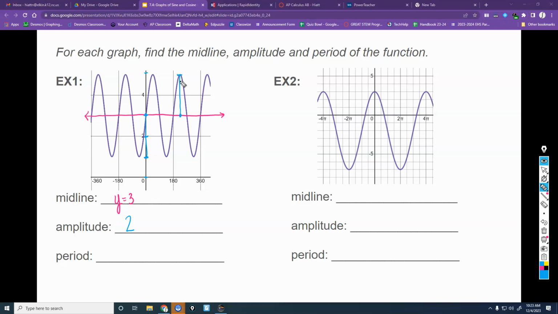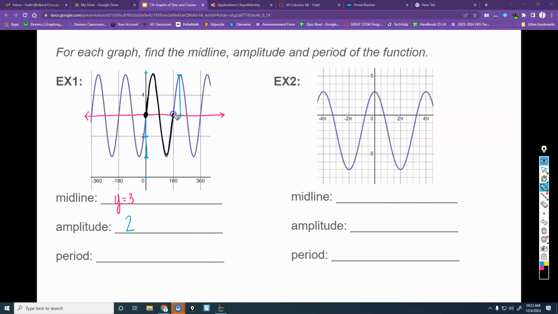The period of the graph is how long it takes for it to start repeating. So what I normally do for this is I just start right there wherever it hits the x-axis. And I start to trace it. And as I trace this graph here, I'm going to go up. Have I started to repeat yet? No. Because I got to go up. I'll hit the x-axis, but I got to do the bottom part of the graph.